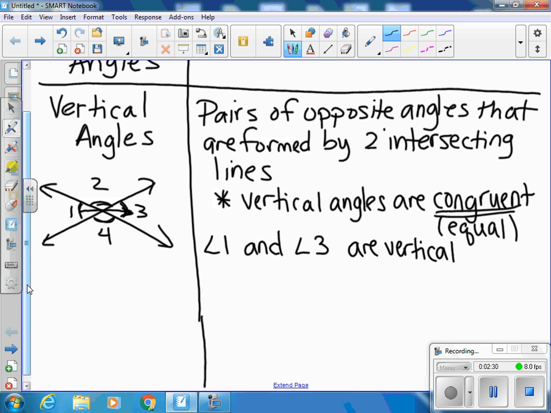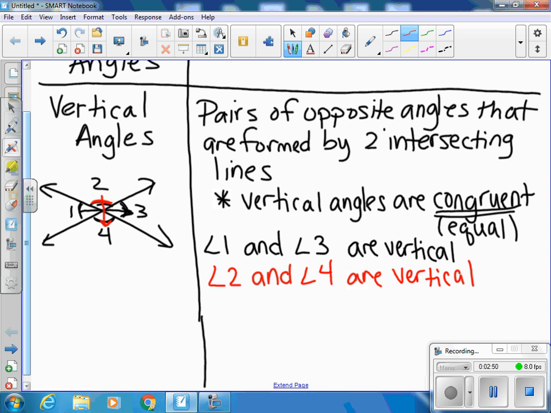When you look at angle 2, if you go straight across from it, you see angle 4. So angle 2 and angle 4 are vertical. They're the ones that are straight across from each other.